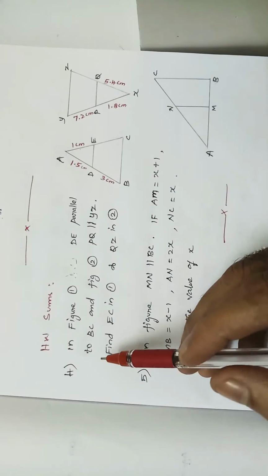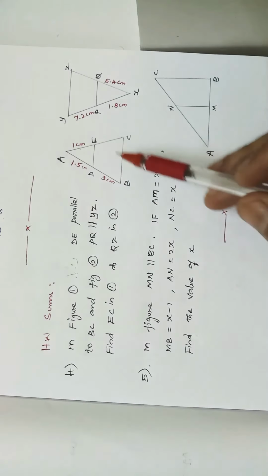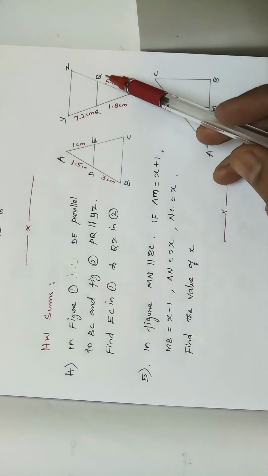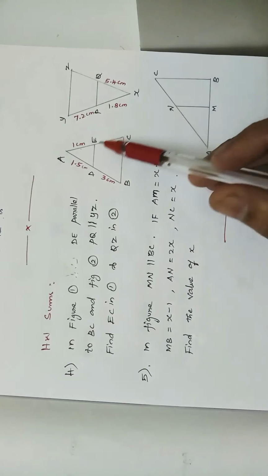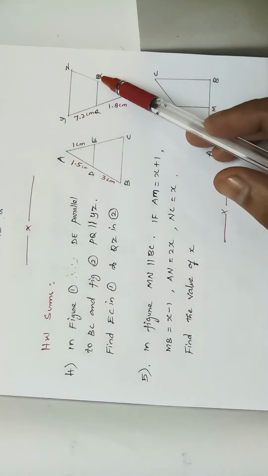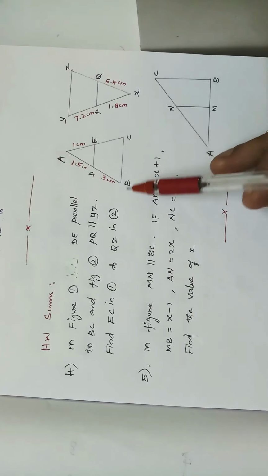Sum number 4. In figure 1, DE is parallel to BC, and in figure 2, PQ is parallel to YZ. Find EC in figure 1 and QZ in figure 2. They have given the values. DE is parallel to BC.